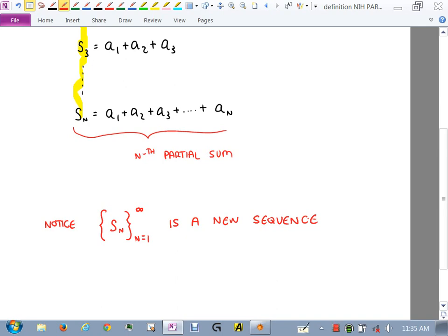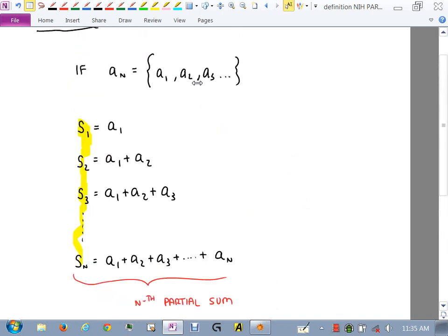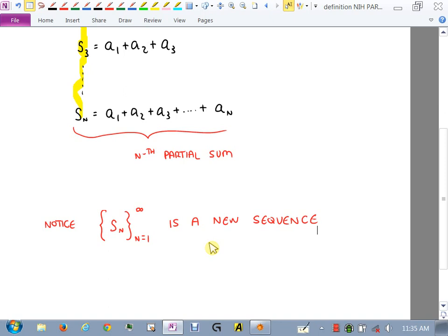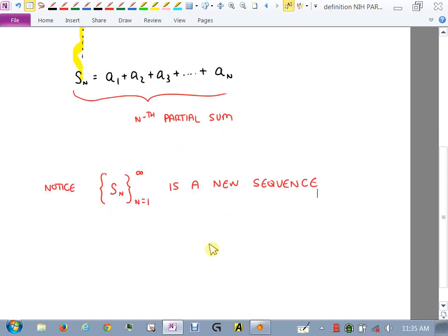But it's not the same sequence as the one that was up here, right? It's a sequence of the sums. And guess what we want to know about this sequence? Does it converge or diverge? Right? Does it converge or diverge? Does this thing go to something? What if it does? What does it mean?